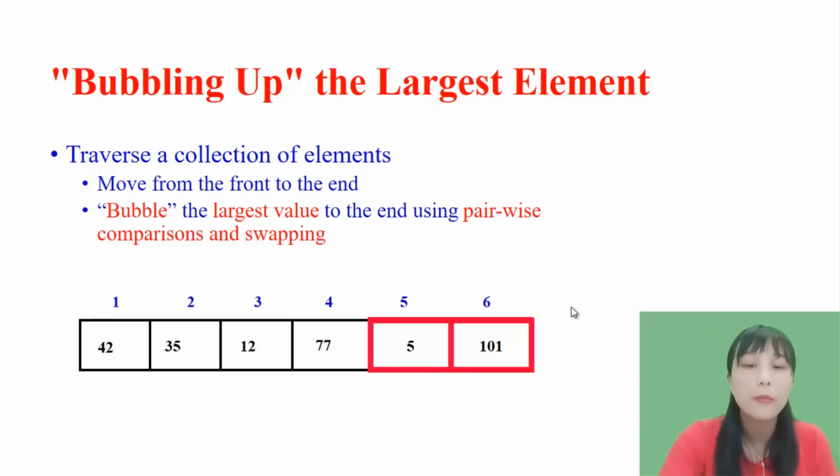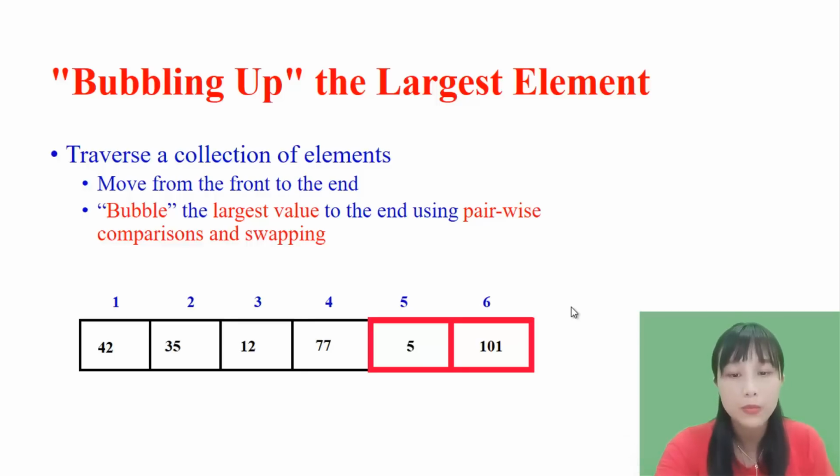When you have a bubble in the water, it pops up from the bottom to the top. Similarly, 101, which was the highest element, popped up from the bottom, all the way up to the correct position.